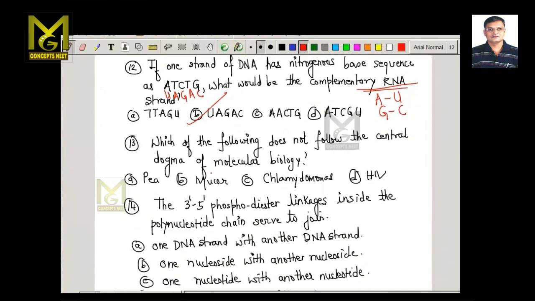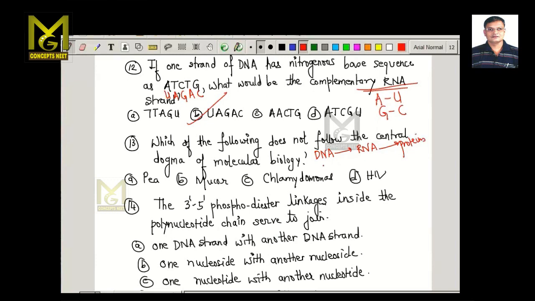Which of the following does not follow the central dogma of molecular biology? Now, the meaning of central dogma of molecular biology is that the message in DNA is transcribed into RNA, and this RNA gives rise to proteins.